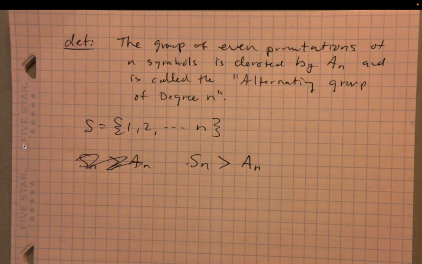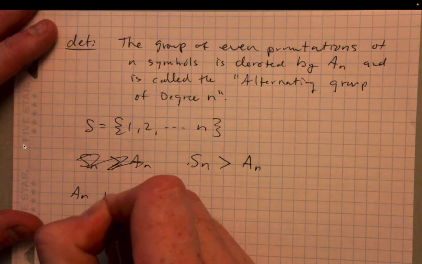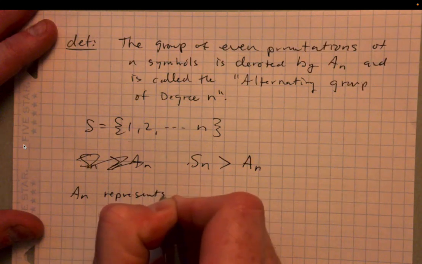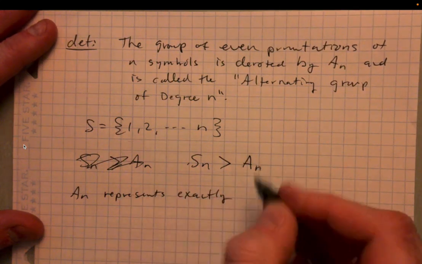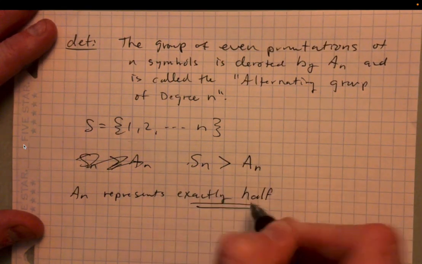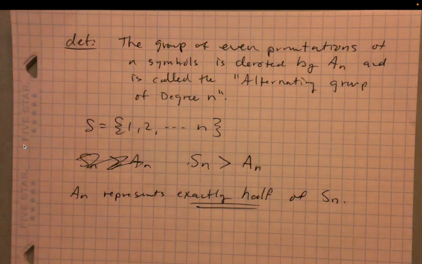It's basically Sn, but just the even side of Sn, the even permutations of Sn. Now, it turns out that An represents exactly half of Sn.